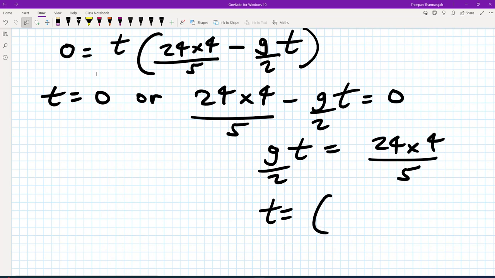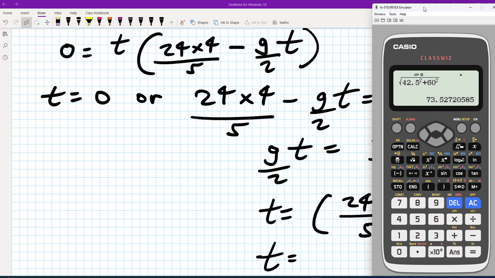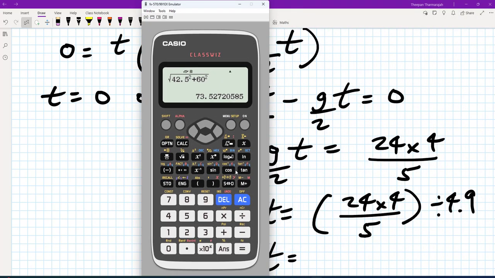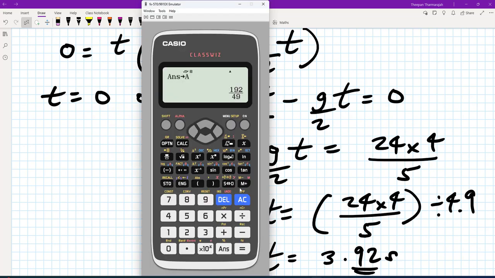So t is 24 times 4 over 5 divided by 4.9. So let's move my calculator over here. We get 24 times 4 over 5, and we can divide that by 4.9. That gives me 3.92 to 3 significant figures. I'm going to store that in A just in case we might need that later.